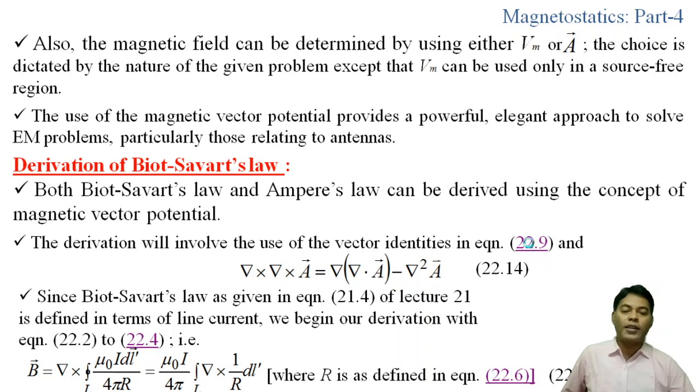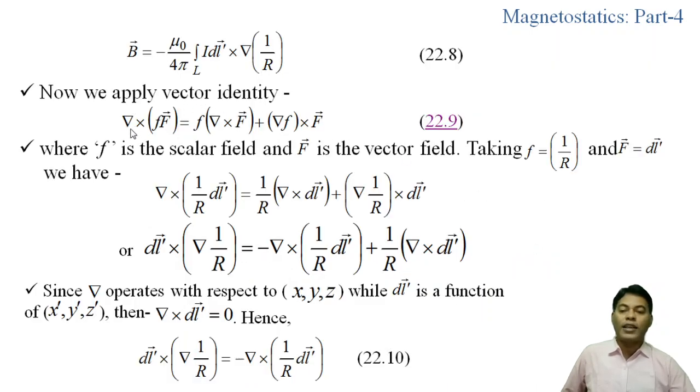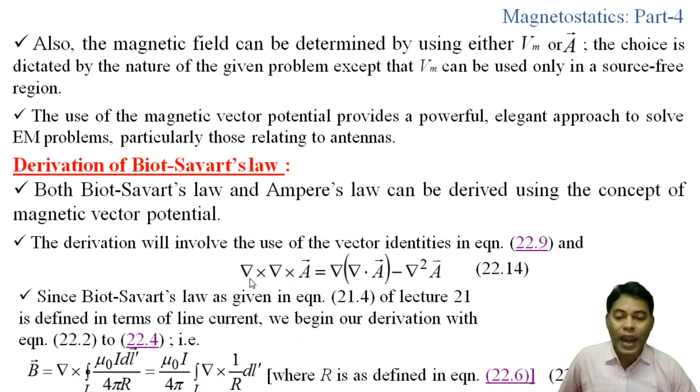The first, which we have discussed earlier, is grad cross (fF) equals f into grad cross F plus grad f cross F. And the second vector identity is grad cross grad cross A equals grad (grad dot A) minus grad squared A. These two vector identities we are going to use to derive the Biot-Savart's law as well as Ampere's circuital law.